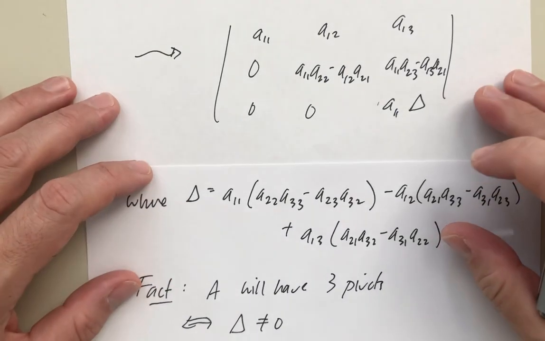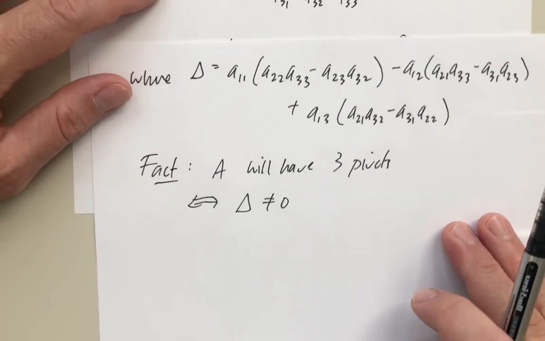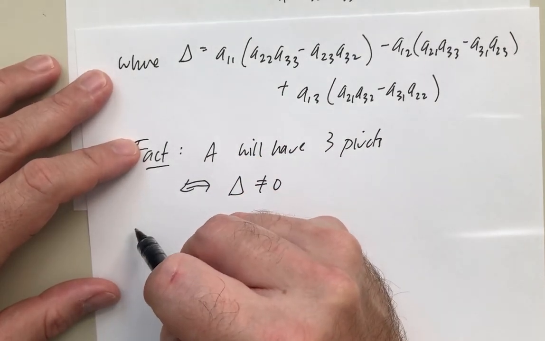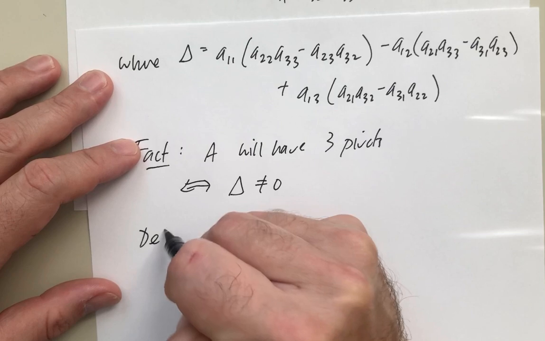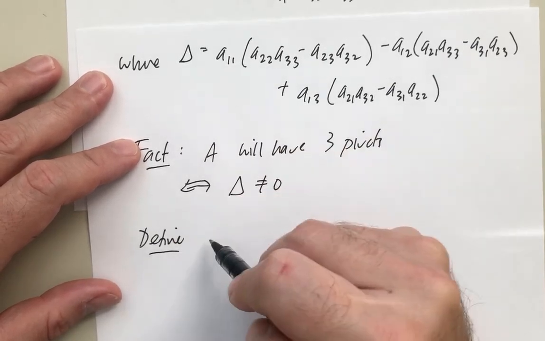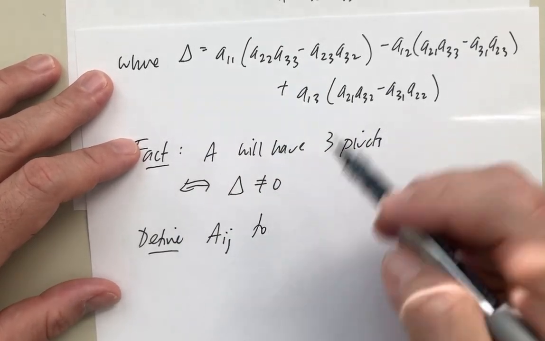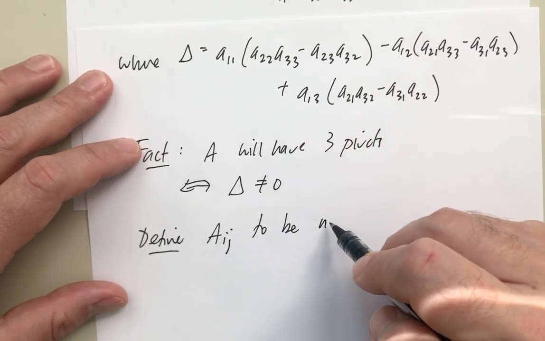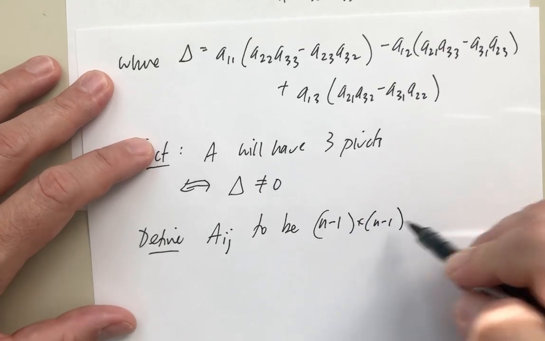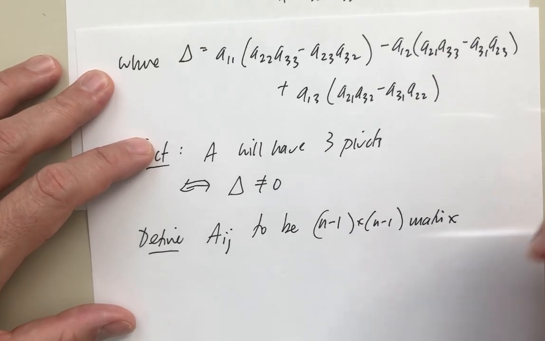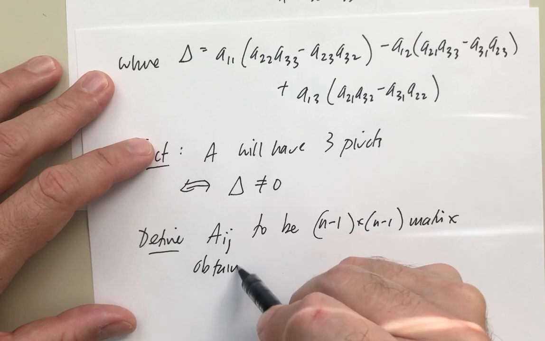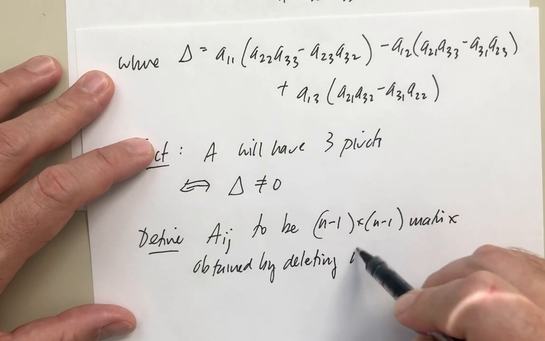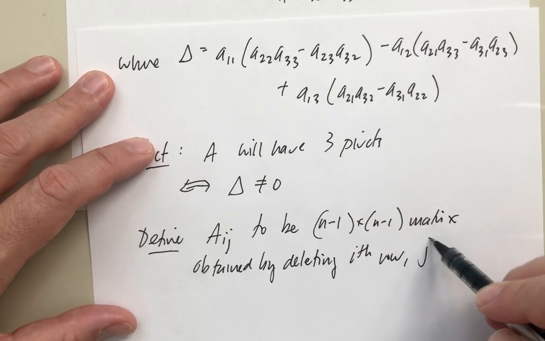It looks like a mess, but like I said, let's find some patterns here in delta. So for this, let me make a definition. Define what I'm going to call Aij to be, in general, an n minus 1 by n minus 1 matrix obtained by deleting the ith row, jth column.